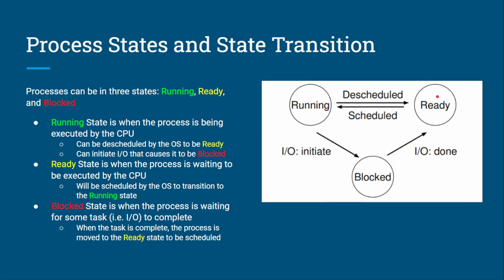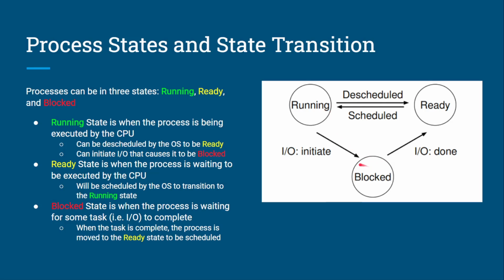The scheduler will pick processes from this ready list so that those processes can be scheduled to be running on a CPU. This scheduling decision usually involves things like the process priority or how long the process has waited to actually be running. Their only transition from the ready state is to be scheduled to the running state.